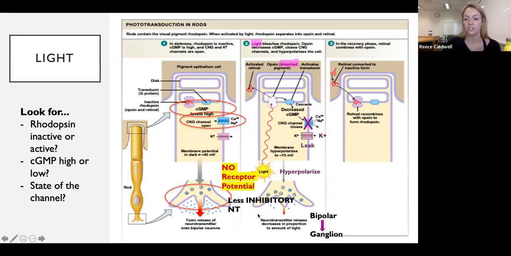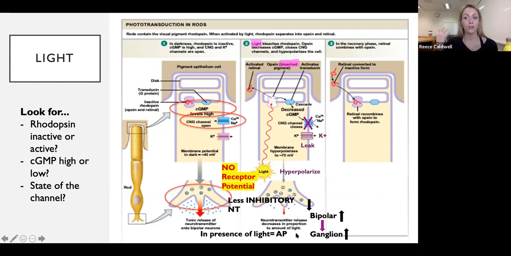So decreased inhibitory neurotransmitters means an increased firing rate from our bipolar neurons, because that's that inverse relationship. Those bipolar neurons are not being inhibited anymore. And an increased firing rate from our bipolar neurons means an increased firing rate from our ganglion cells. Therefore, in the presence of light, we have an action potential.